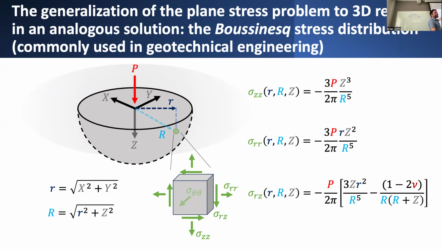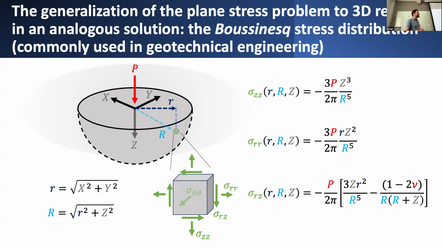We can come up with solutions to this elasticity problem in a similar way to what we did for the case of plane stress in the two-dimensional case. It also involves finding solutions not in cylindrical polar coordinates, but in spherical coordinates, for which we can also come up with an equivalent Airy stress function and do all those nice things. We're not going to do that because I don't think it's necessarily useful to go through that exercise.